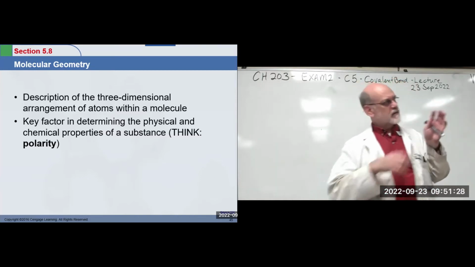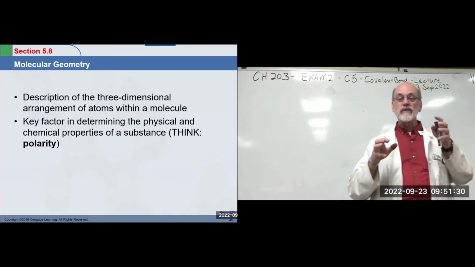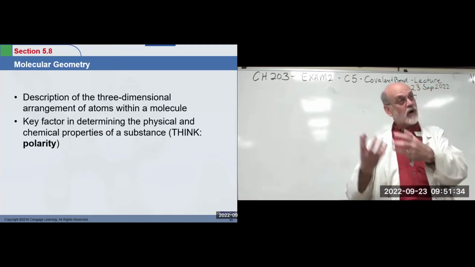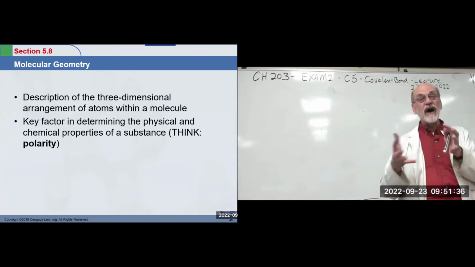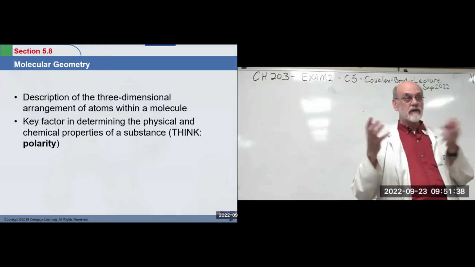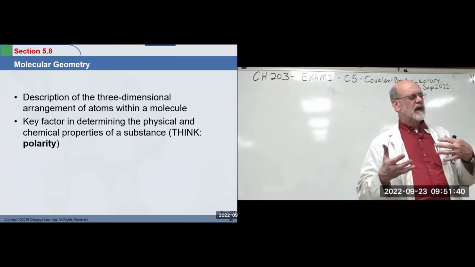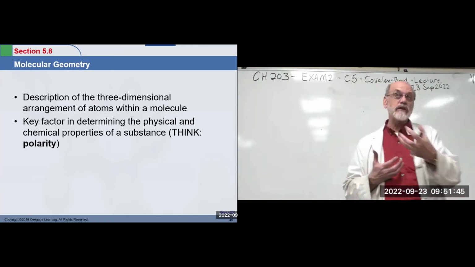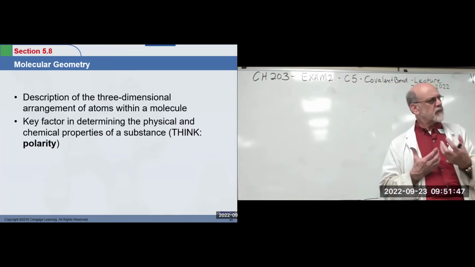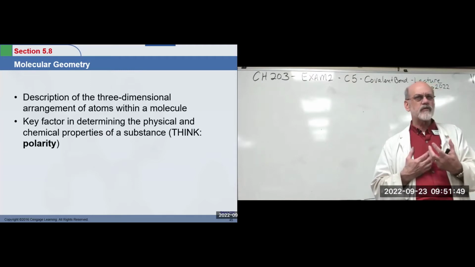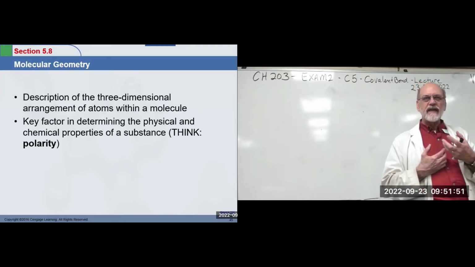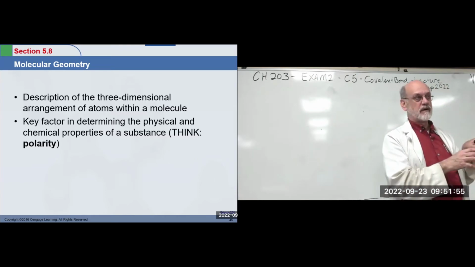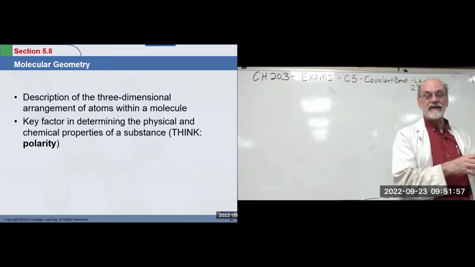Because every atom in that molecule has a draw, an electronegativity, a draw on the electrons that are in the bond and in the lone pairs. And if you have an element in there that's drawing really strong on the electrons, but not enough to make an ion, it doesn't destroy the bond, then that tends to distribute electrons to one side of the molecule. And what does that leave behind?